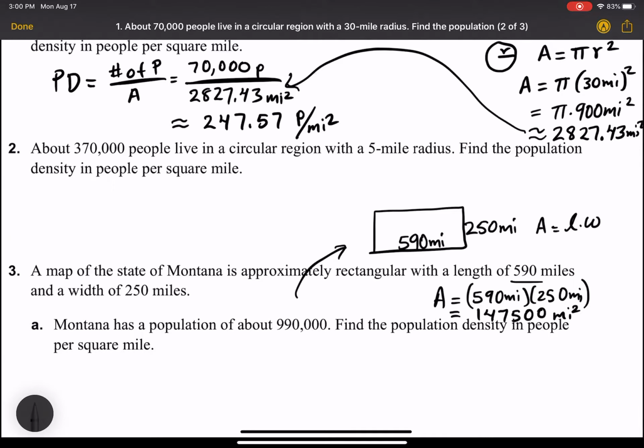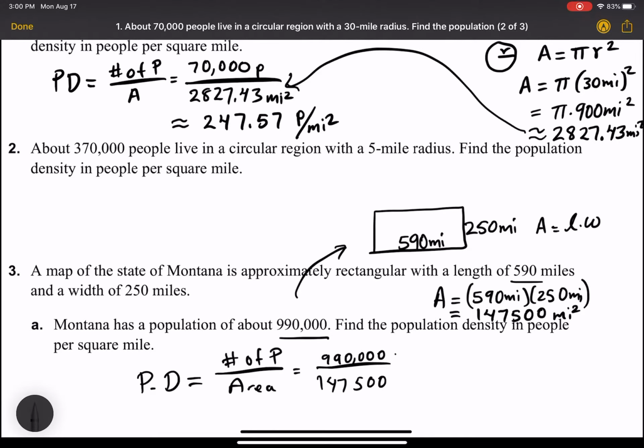And so now that we know the area and we have approximately how many people live in it, because that's part A, we could go ahead and find the population density, just dividing the number of people by the area. So 990 divided by 147,500. Again, people per square mile. The units are important. So let's go ahead and divide that.